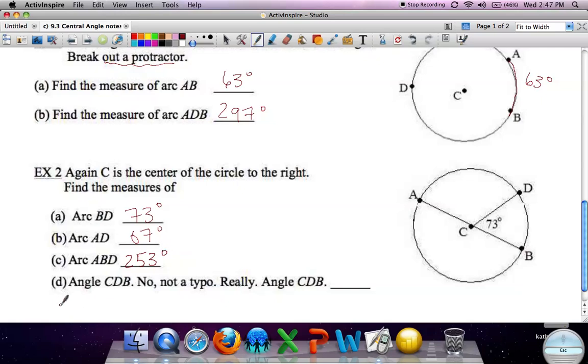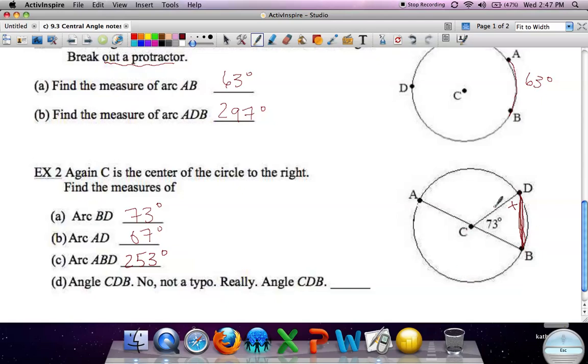Find the angle CDB, and no, it's not a typo. So let's go ahead and drop a straight line from D to B. We want to find the measure of angle CDB, which is this angle. Well, let's think about the construction here.